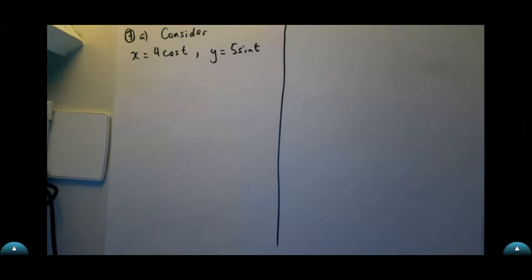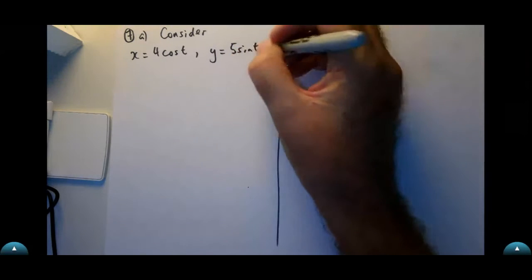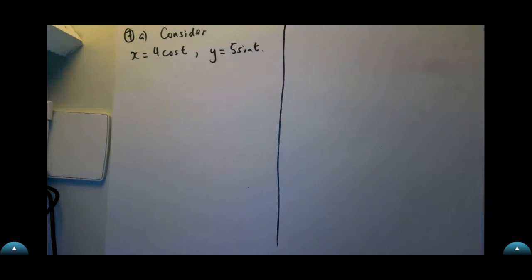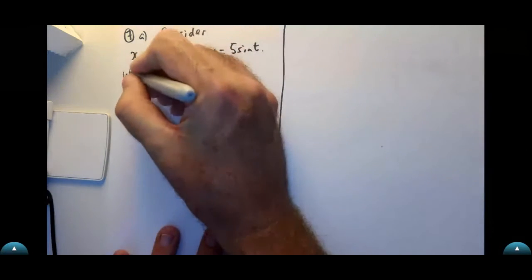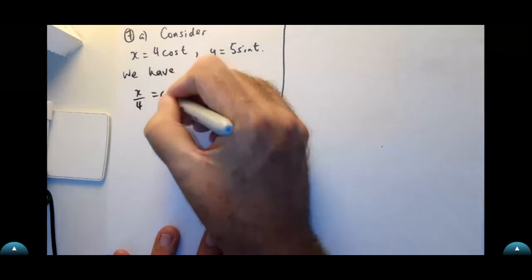So how might we get rid of the cosine t and the sine t? Well, one way to do it is to use cos squared plus sine squared equals 1. Okay, so let's isolate them and then we can use the well-known formula.